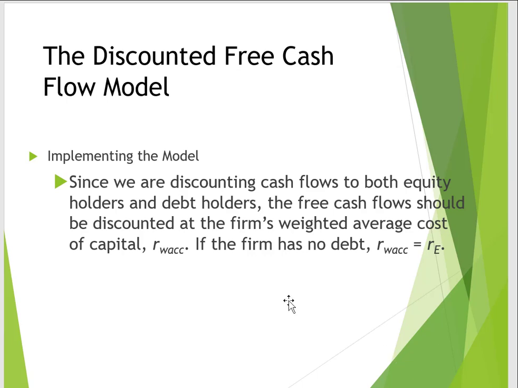Since we're discounting the cash flows to both equity and debt holders, the free cash flow has to be discounted at the firm's weighted average cost of capital. And again, we'll talk about that in future videos. But if the firm has no debt, then that average cost of capital is equal to the cost of equity.